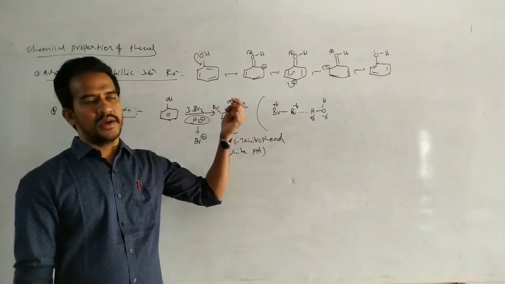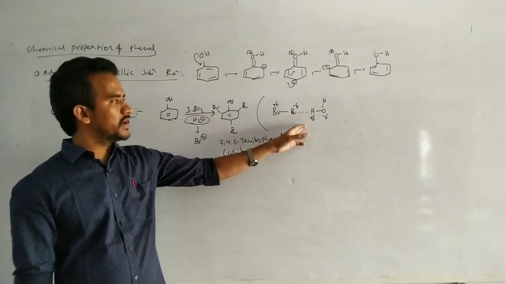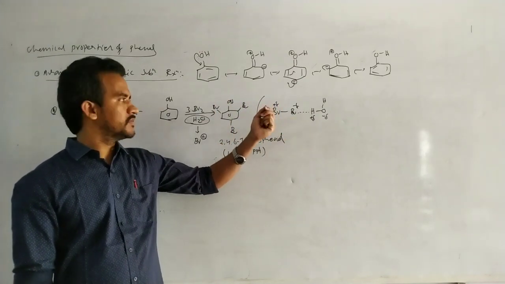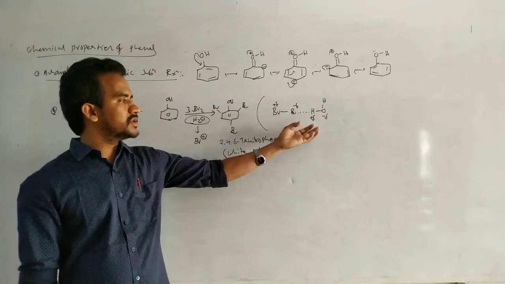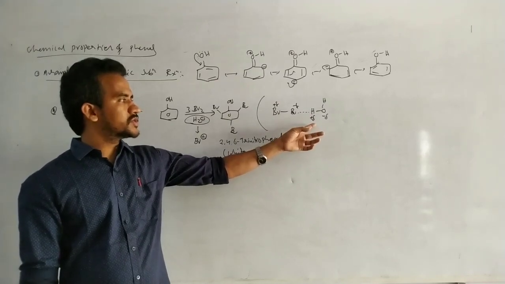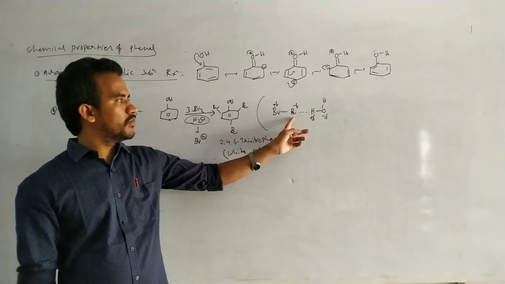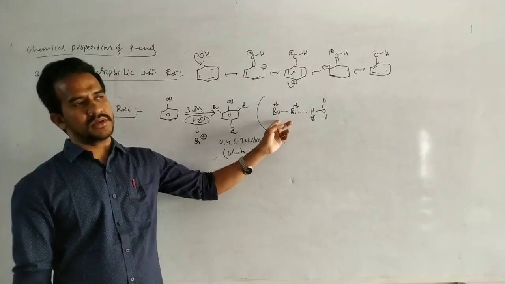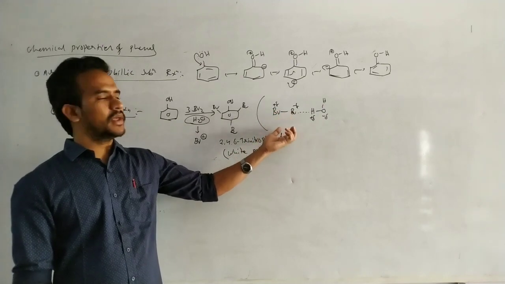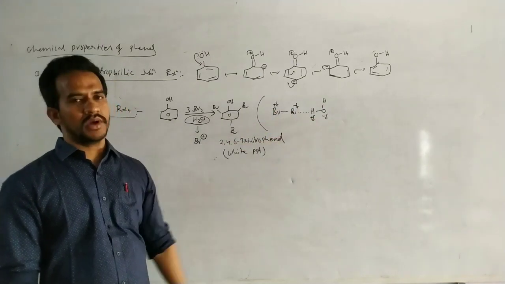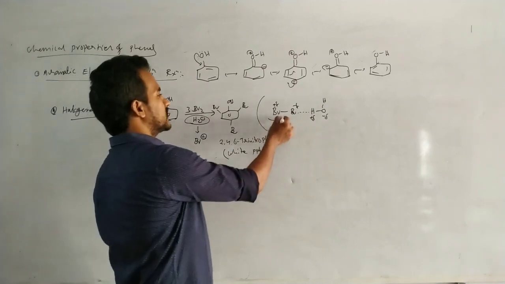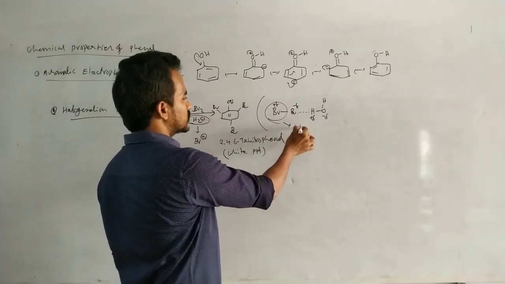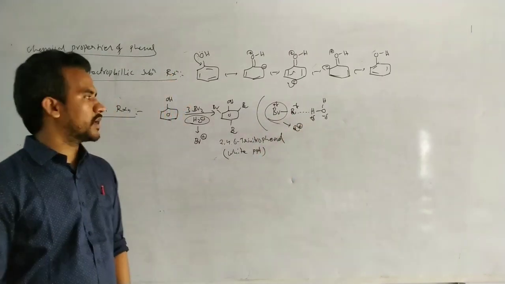Br2 molecule is non-polar, but in the presence of a polar solvent it gets polarized. By approaching the water molecule, the hydrogen carries a partial positive charge, so the nearer bromine carries a partial negative charge, and the other bromine carries a partial positive charge. So the Br2 molecule is polarized in the presence of water. Then the Br plus electrophile is readily formed, and it attacks at the ortho and para positions.